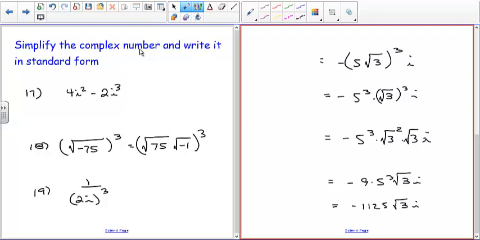And let's just check this out. If you take 1125 times the square root of 3, just in decimal, you get 1948 point something.